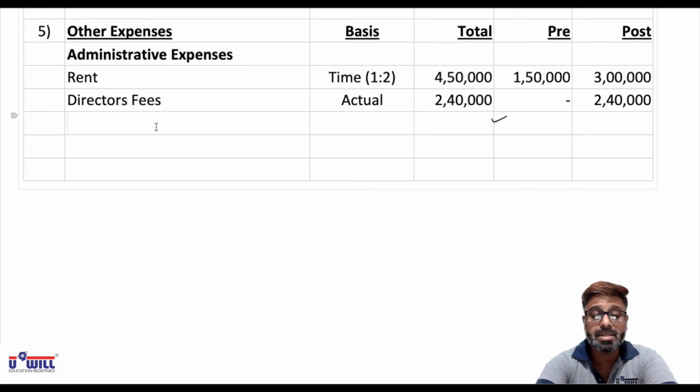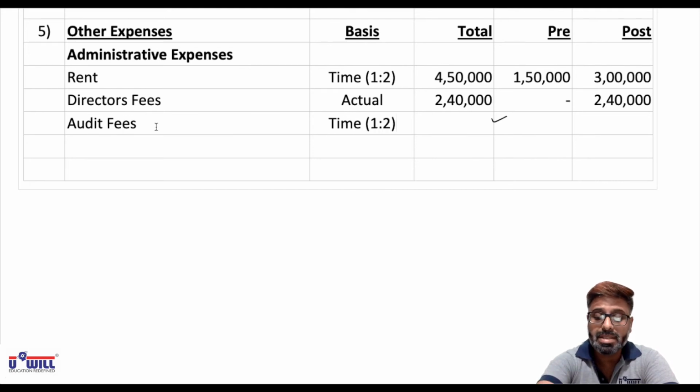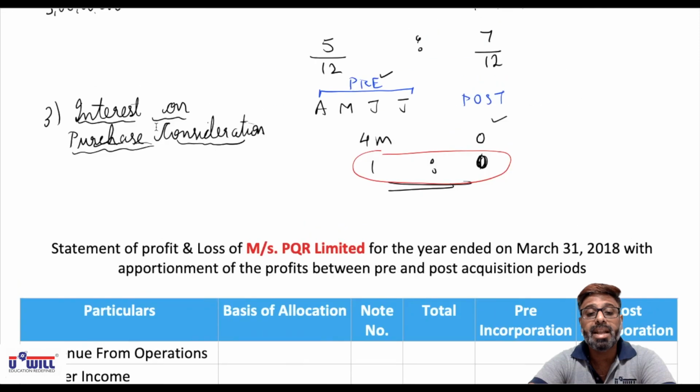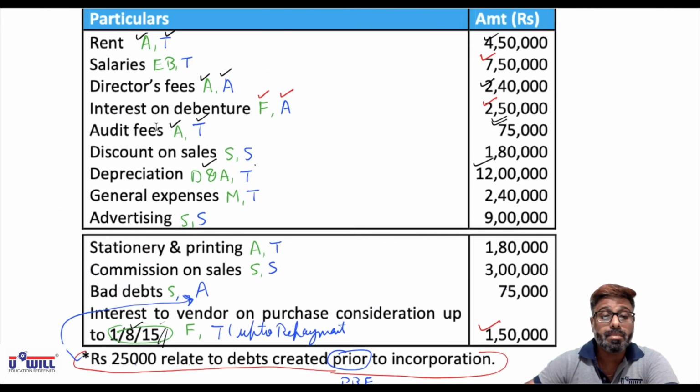So audit fees, time ratio 1:2, 75,000. 75,000 into 1/3, 25,000. 75,000 into 2/3, 50,000. Then after audit fees, which other item is marked as A? Stationery and printing, time basis 1,80,000.